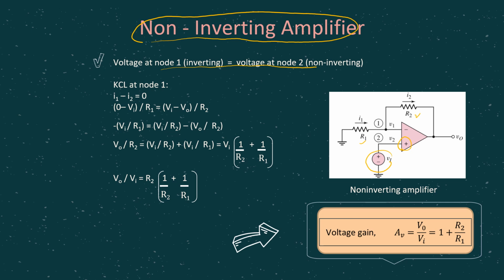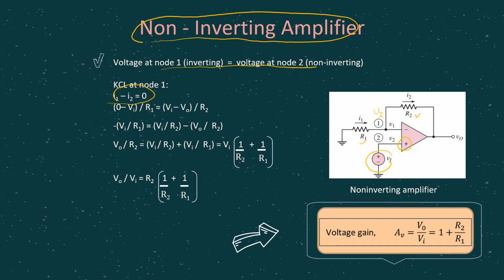So what can we say here? Since we have Vi here, automatically node 1 is also equal to Vi. Why? Because V1 should always be equal to V2. Remember? The second main characteristic is I1 should always be equal to I2, because no current goes into the op-amp.